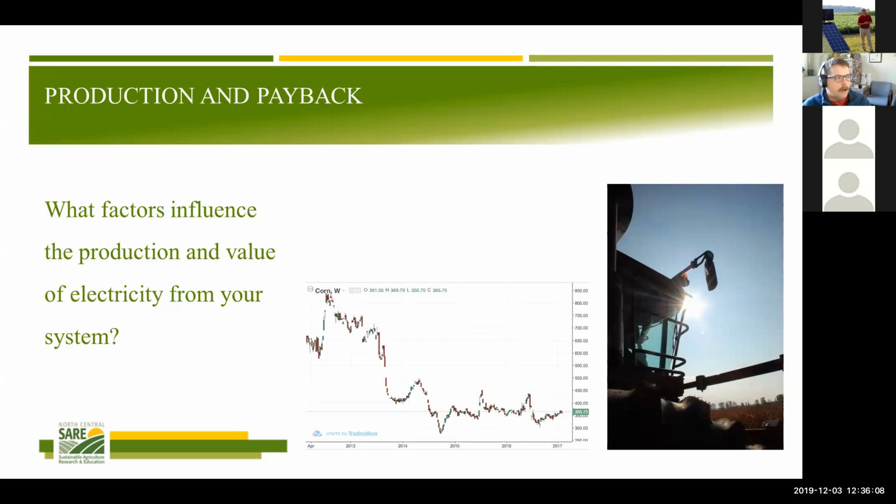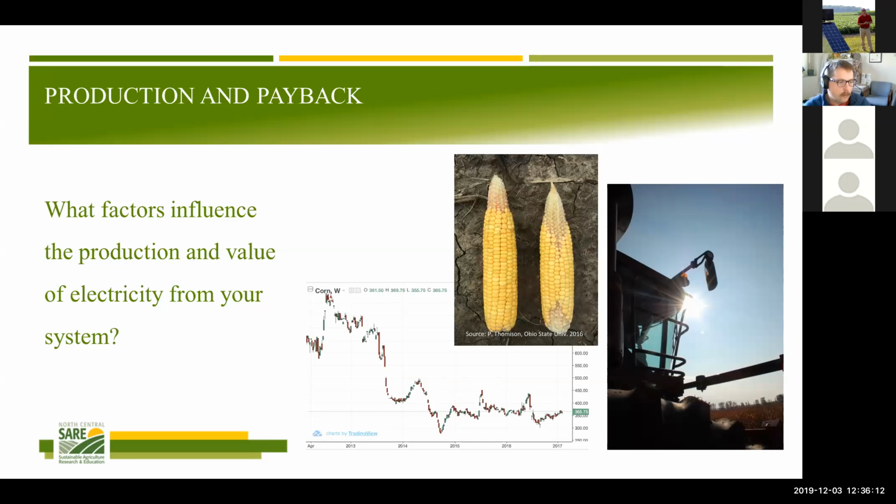When we think about production from solar, one thing we can equate it to is something I think about a lot, which is what's the price of corn and how much are we going to grow this year? When we think about the economics of that corn crop, we're obviously interested in how much we can grow, but also in the price that we can get.